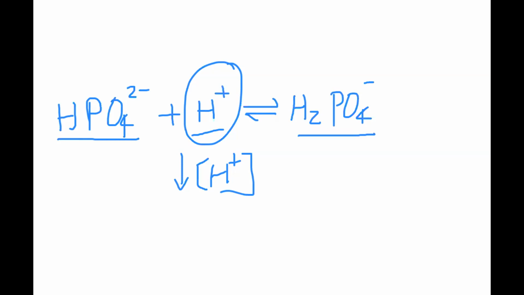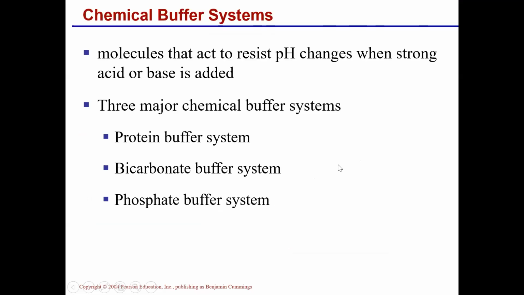Okay, alrighty. So let's see. Let me go share my slides here again. Okay, so now we talked about the three different mechanisms in the chemical buffer system. Proteins combined with some free hydrogen ions, and phosphate, monohydrogen phosphate, combined with free hydrogen ions.